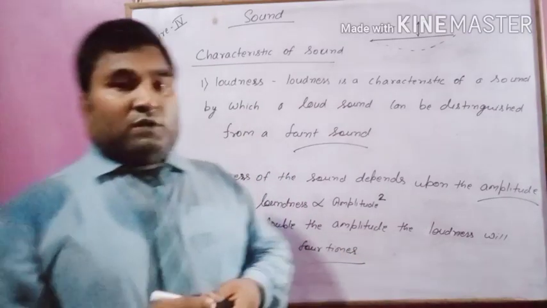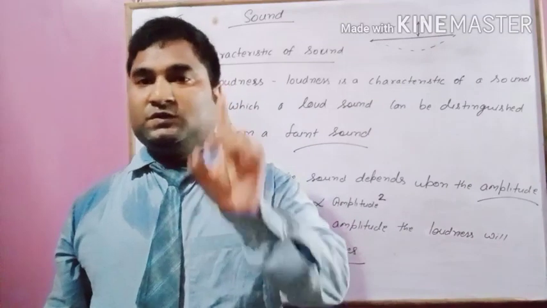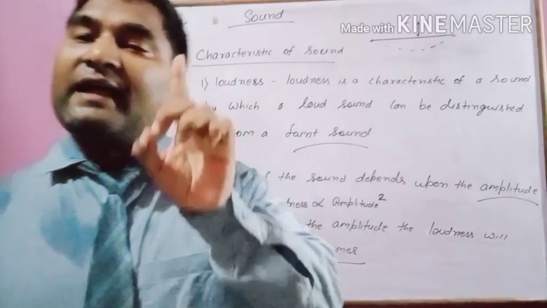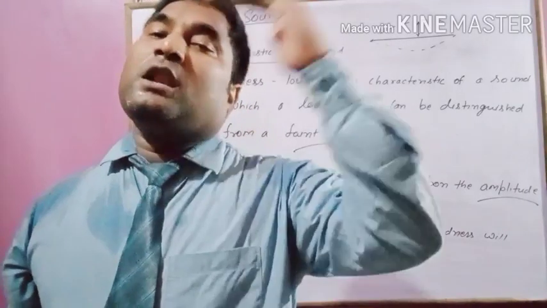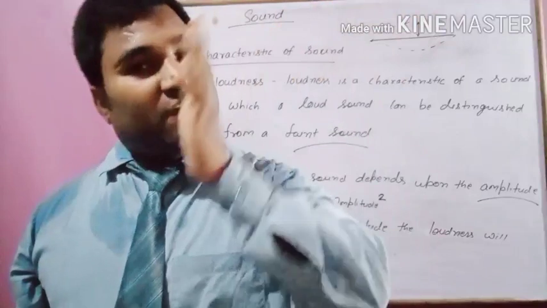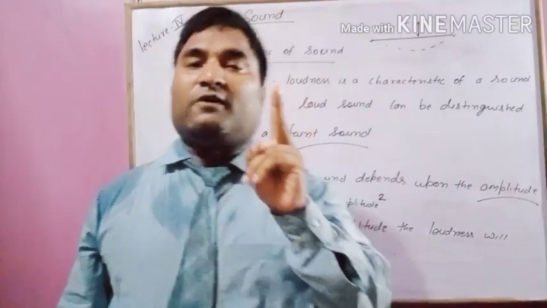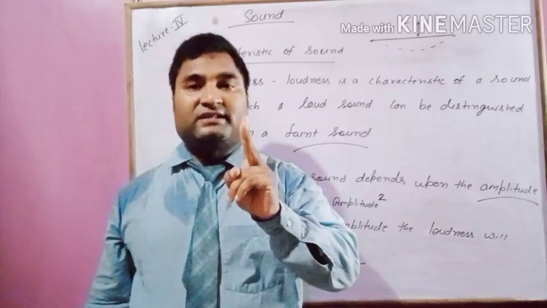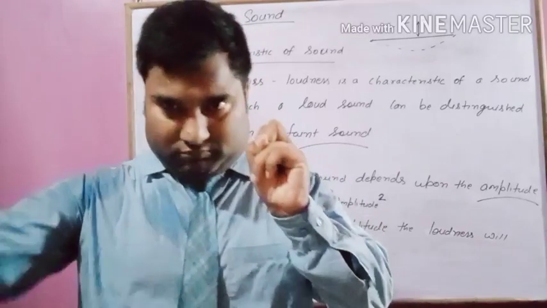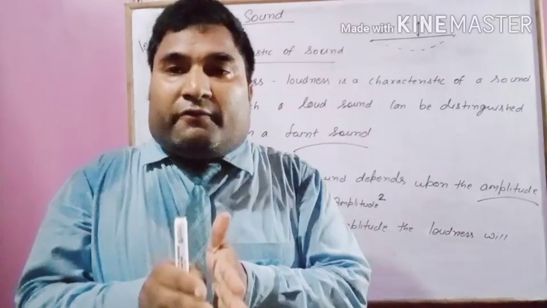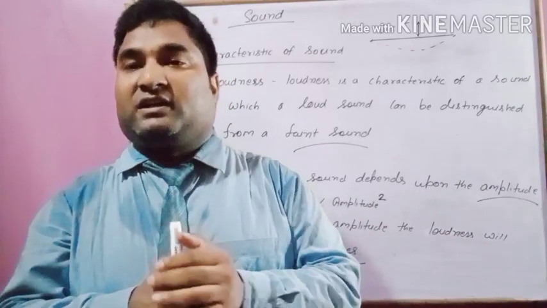Okay, so one thing I told you, loudness is a characteristic of the sound that distinguishes a loud sound from a faint sound. Second point, loudness of the sound depends upon the amplitude. What is amplitude? The distance covered by the vibrating body from its mean position.